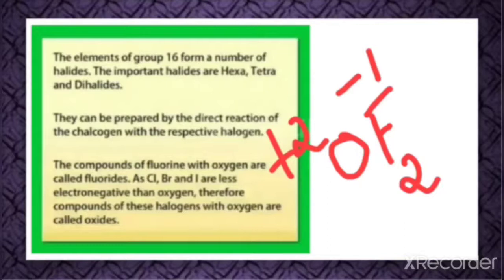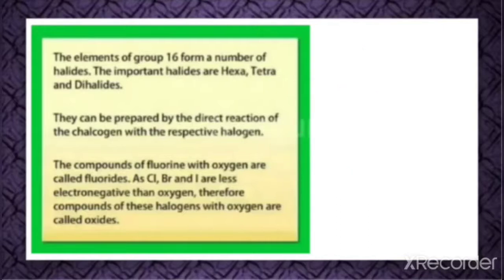When you compare the electronegativity of oxygen and fluorine, fluorine is more electronegative, so it develops a negative oxidation state, but oxygen develops a +2 oxidation state. So oxygen always develops a negative oxidation state except in compounds with fluorine, because fluorine is more electronegative than oxygen. Such compounds are called fluorides because F gets the negative oxidation state; they are not called oxides.